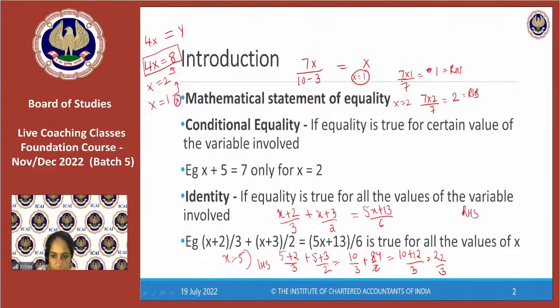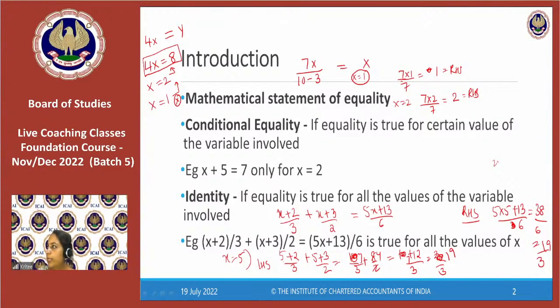And if you have to solve RHS for x equal to 5, 5 into 5 plus 13 by 6, so 25 plus 13, 38 by 6. Again, I think I have made some calculation mistake here. Any value of x, if the equation holds true for any value of x, that is known as identity equality. Okay.